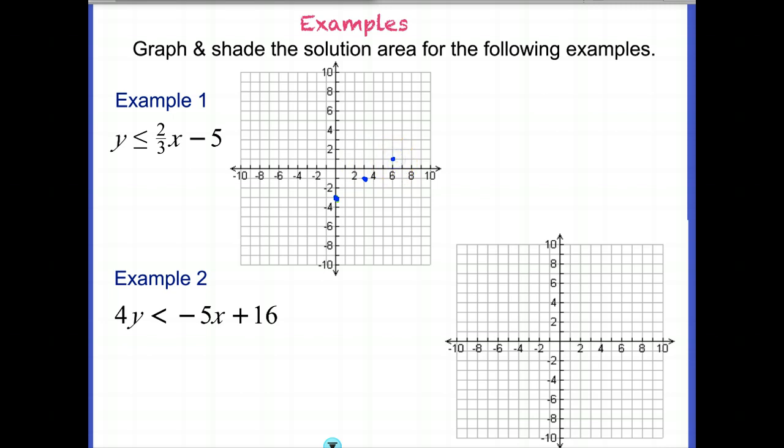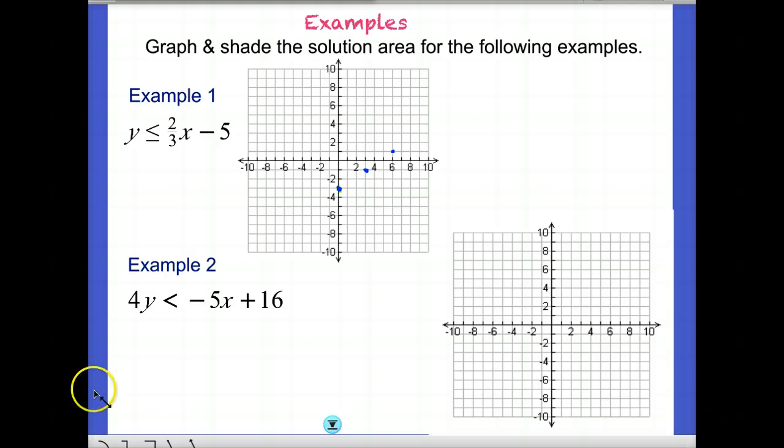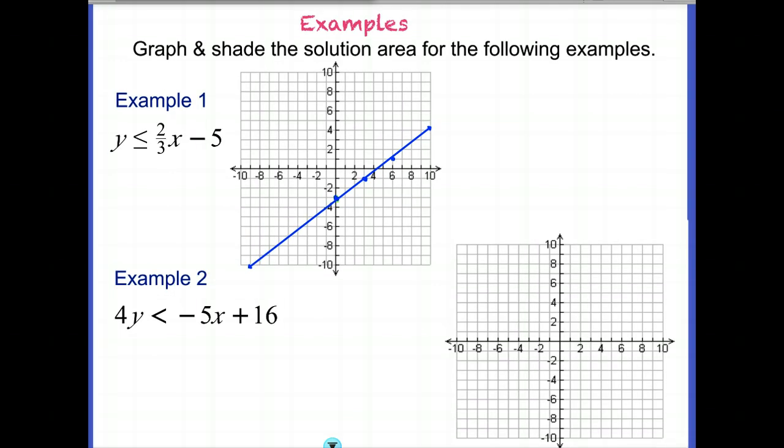When you are graphing inequalities, it's helpful to have a really accurate line so that you ensure that your solutions are correctly above and correctly below and that you haven't accidentally drawn your line crooked. So I would use a ruler when you're drawing these on your own. Now the final thing is to shade.